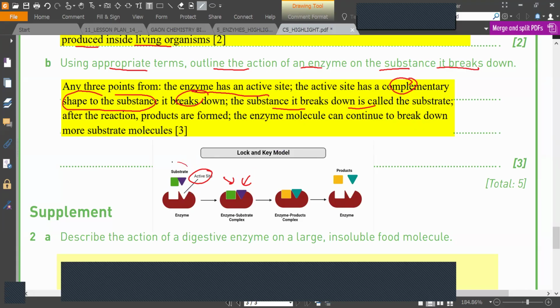What we want to break down, what we want to react, is the substrate. So it will form the enzyme substrate complex. After the reaction, the products will be formed. As we mentioned before, the enzyme remains unchanged after the reaction. So now it can continue to break down more substrate molecules. So that is what we expect to answer there.